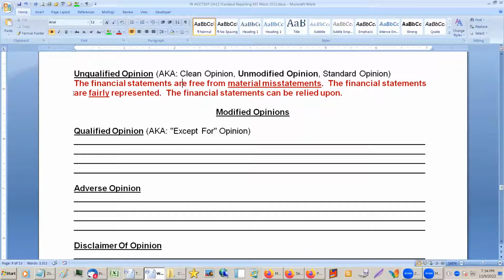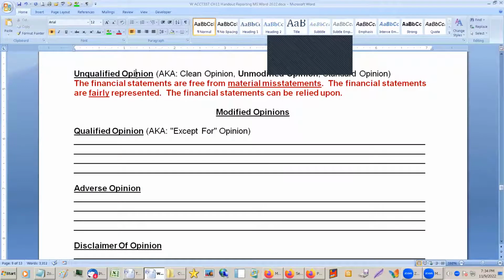Okay, so this is what most companies get. And by the way, most companies get a clean audit opinion. And we'll see why in a minute, that you always give them a chance to correct their financial statements.